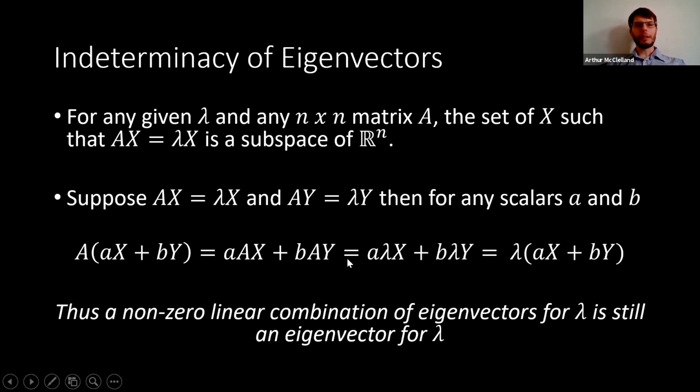And we expand this out and then multiply it, we get lambda times (ax plus by). So a non-zero linear combination of eigenvectors for lambda is still an eigenvector for lambda. So we can have a linear combination of these vectors, and it still is a solution to the system.